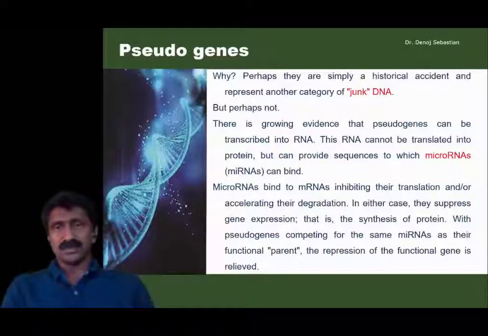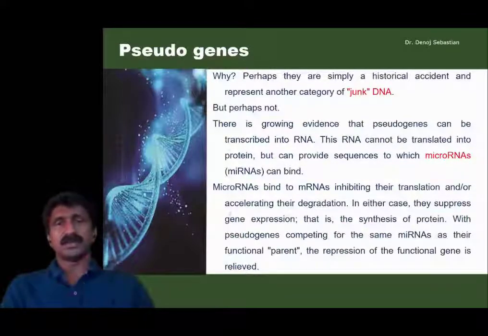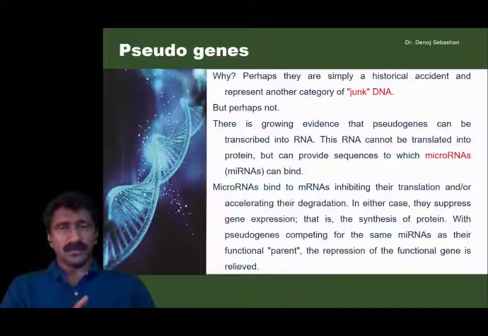So these miRNAs will be removed by the competing pseudogenes. Usually, if there is only one copy of the functional gene which is suppressed or blocked by that particular miRNA, then there will be silencing of the gene or suppression of the gene expression.